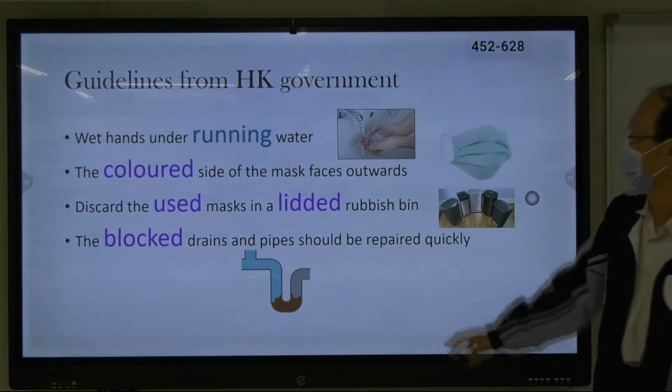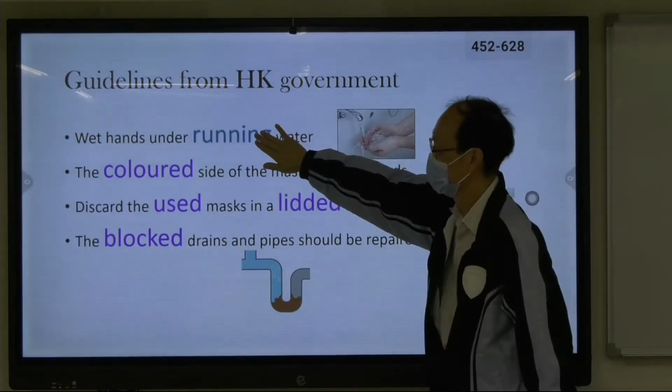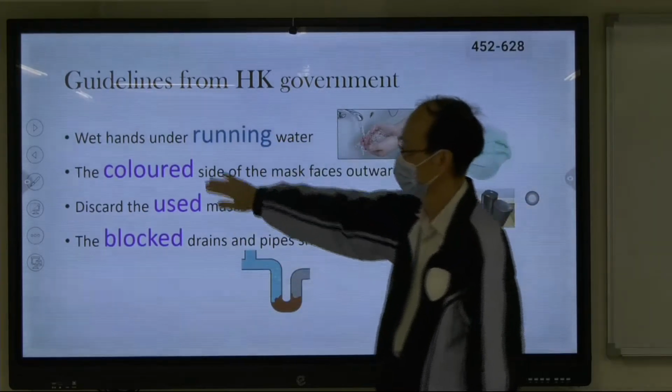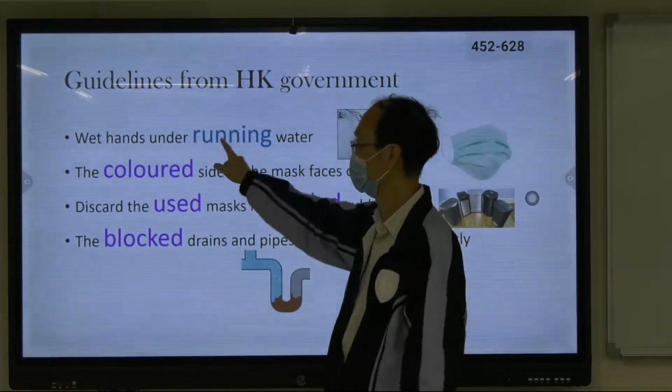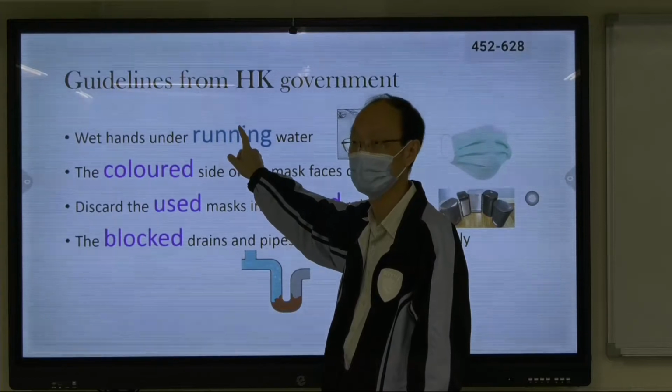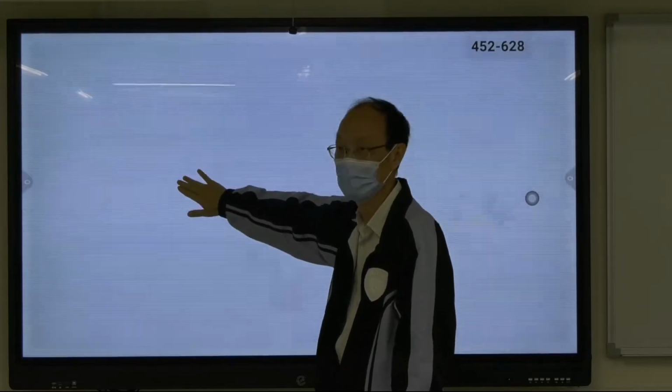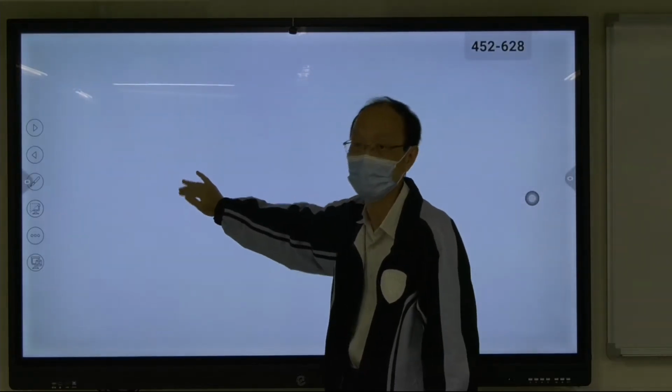Now we call this thing a participle. They are called participles, but this one is the present participle, and this one is the past participle.